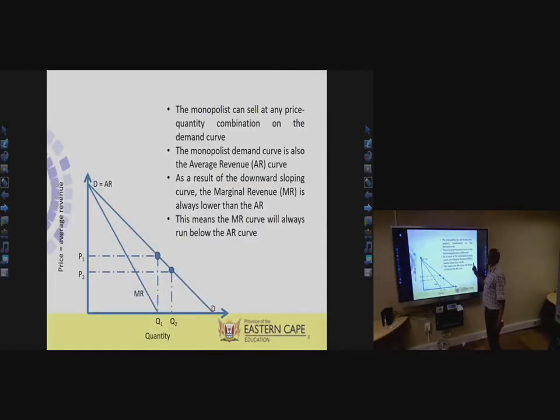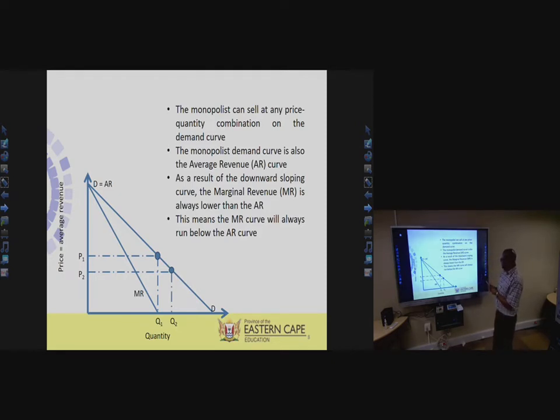The monopolist can sell at any price-quantity combination on the demand curve. Then the monopolist demand curve is also the average revenue curve. The demand curve is also equal to the AR that we have discussed already when dealing with the perfect market.